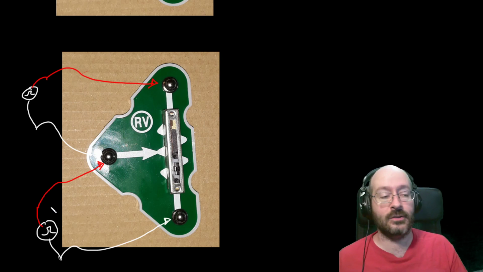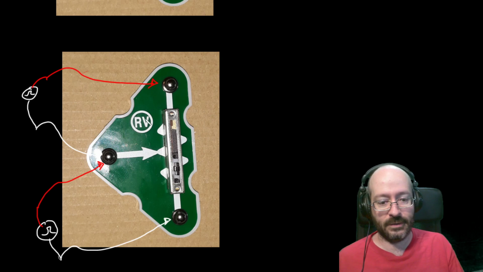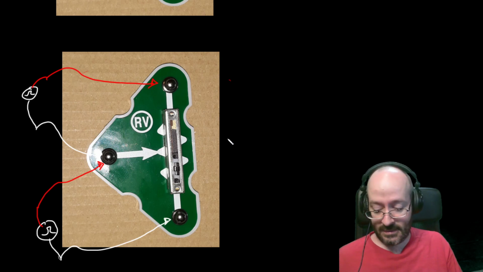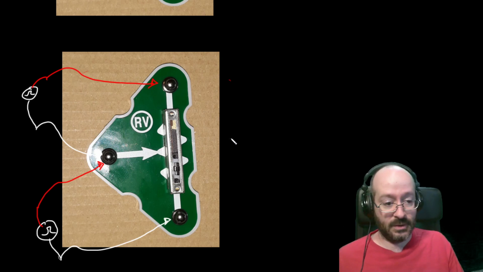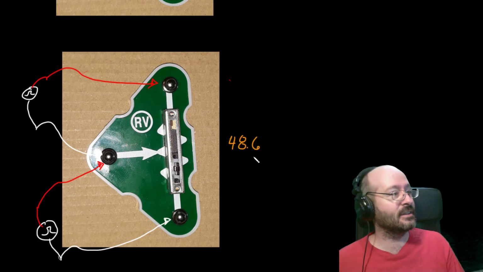Okay, 26.2 for Zoe. I'm going to use Zoe's numbers. So from here to here, she had, I'll do it in orange, 48.6 with an asterisk.